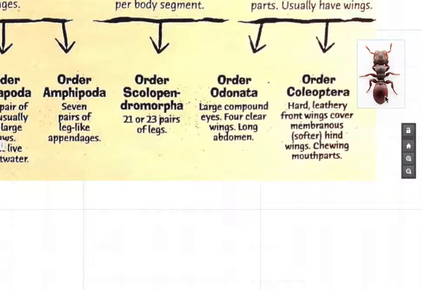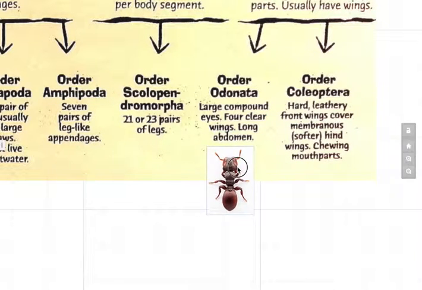Well, this doesn't have wings at all. But if we look at the remaining criteria, we probably need to examine the eyes. Because yes, it does have a long abdomen. I can't really see its mouth, but if I look at its eyes and maybe do a Google search, those are indeed compound eyes. So the ant would belong here.